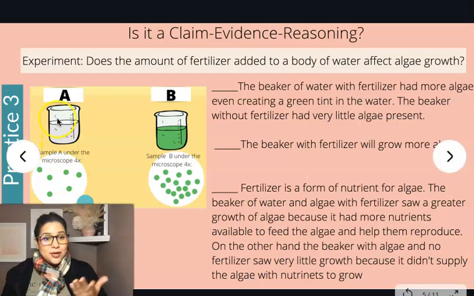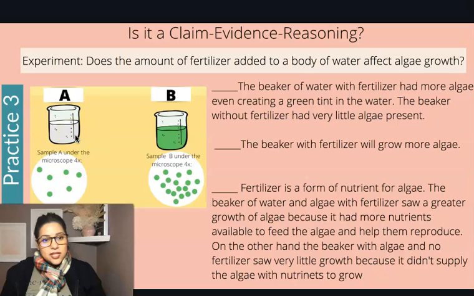We have beaker A, and in beaker A, there was no fertilizer added. While in beaker B, we added some fertilizer and we let it sit for 2 days. The visual you have in front of you is the result after the 2 days.